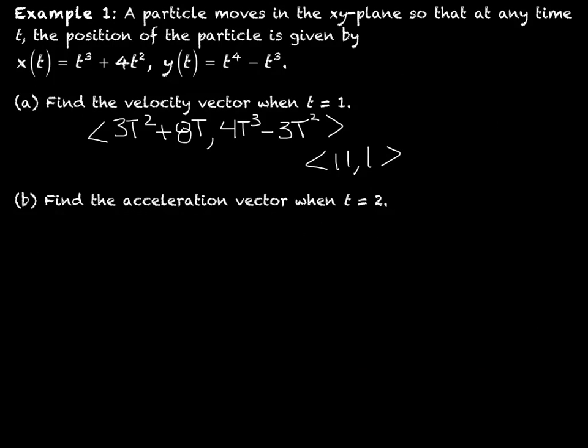Now it wants us to find the acceleration. Well, once again, this is pretty simple. The acceleration is the derivative of the velocity. So maybe we'll call this one v of t, and we'll call a of t, acceleration, equal to this vector, so it'll be 6t plus 8, and then 12t squared minus 6t.